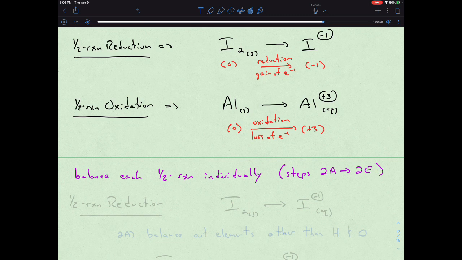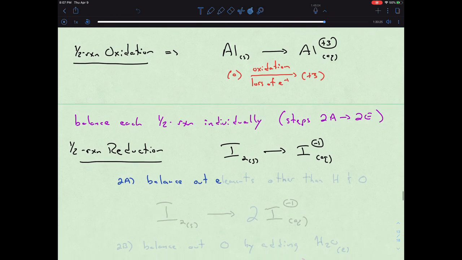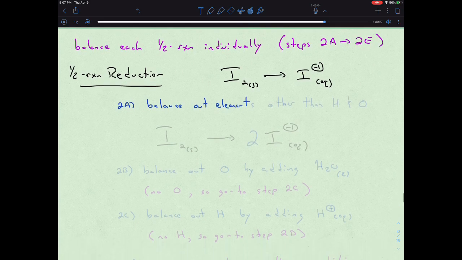So I'm going to start with the half reaction for reduction. So we have our iodine going to our iodide. And so for step 2A, right, we want to balance out elements other than hydrogen and oxygen.